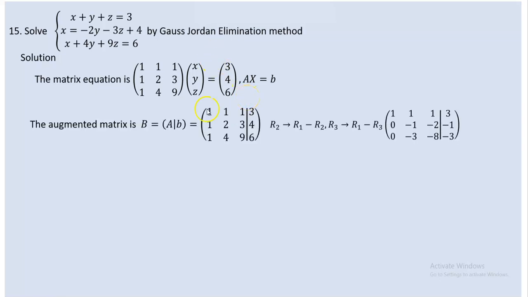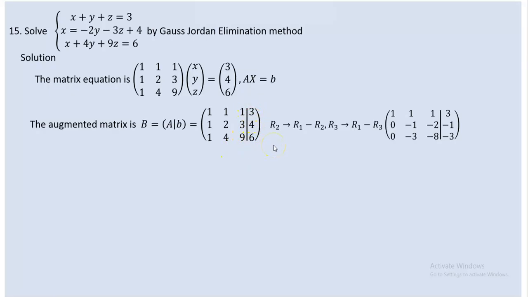So the next thing that we need to do is have the equivalent augmented form for the given matrix. The augmented form is going to be a matrix with the coefficient matrix together with the constant matrix. The coefficient matrix is already labeled here, and the constant matrix is already labeled here.